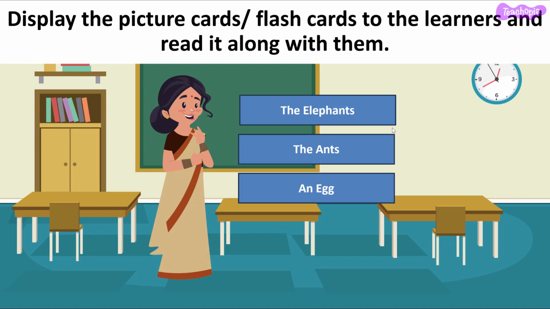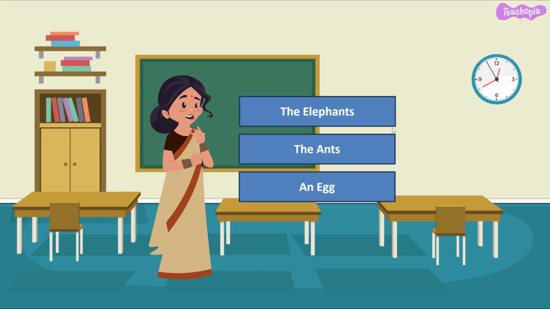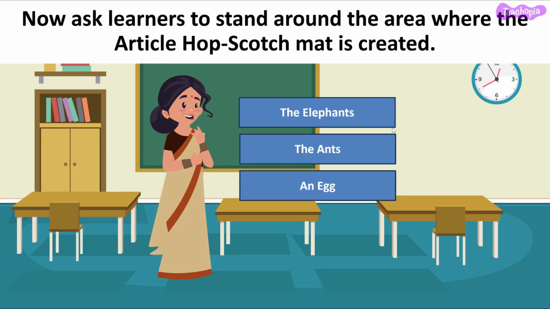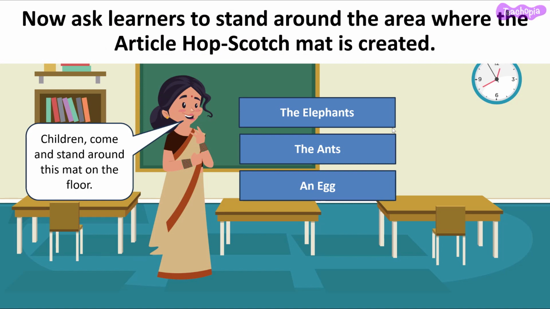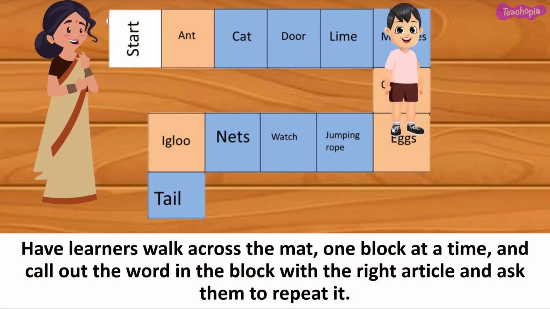Now ask the learners to move to the area where you have created your article mat. Children, come and stand around this mat on the floor. Instruct the learners to walk across the mat, 1 block at a time. Now, as they stand in each block, use the correct article to read out the word in the box and ask them to repeat it.